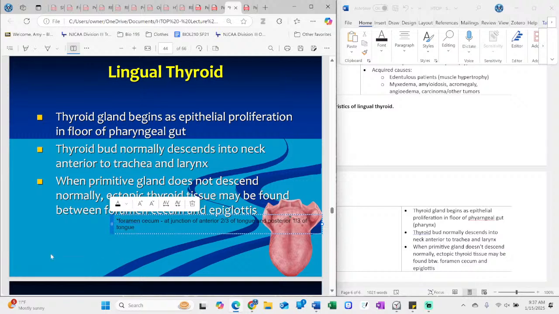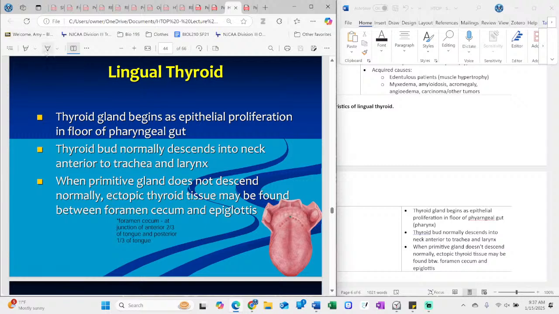Does anyone know what this is? Epiglottis. So then if the primitive gland does not descend in a normal way, then thyroid gland can be found deposited between this foramen cecum and the epiglottis.